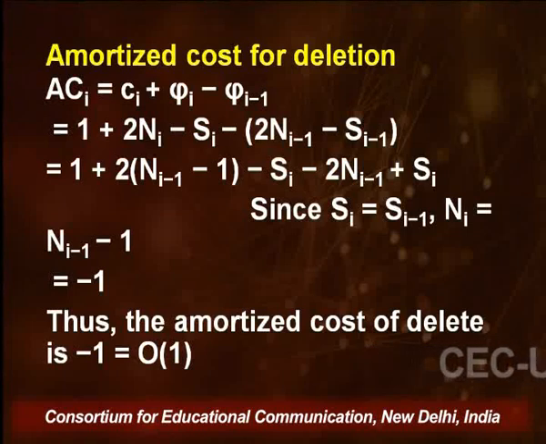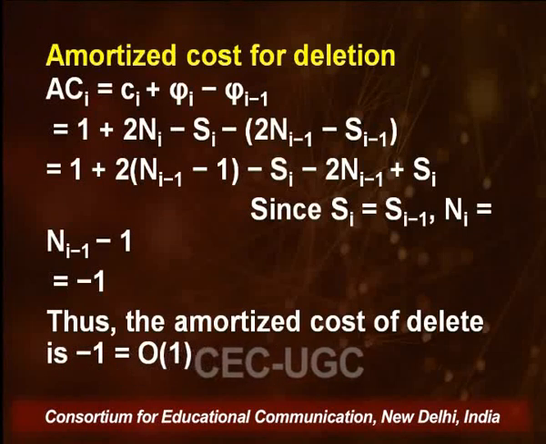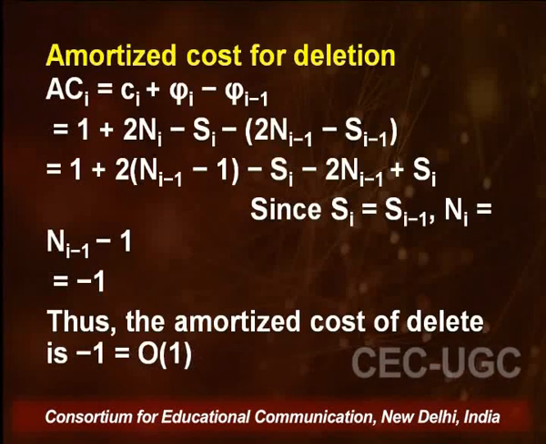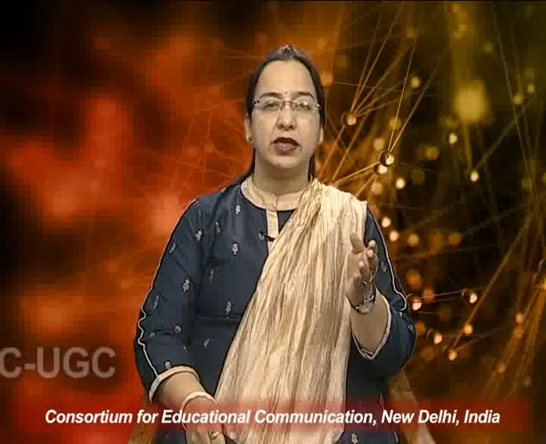After some simple calculation, the n of i minus 1 terms get cancelled, the s of i terms get cancelled, and minus 2 and plus 1 remain as constants. That is going to give me the final result as minus 1.